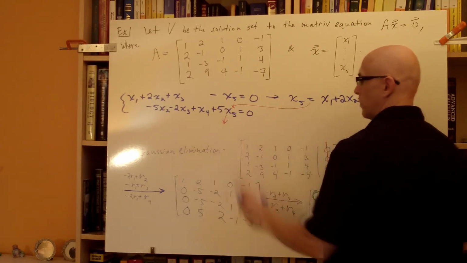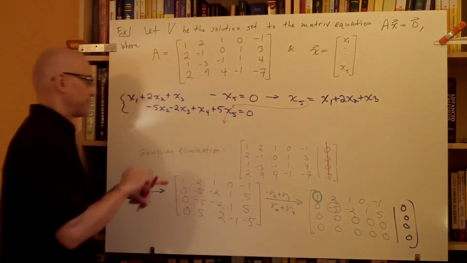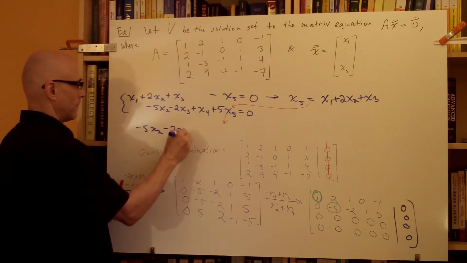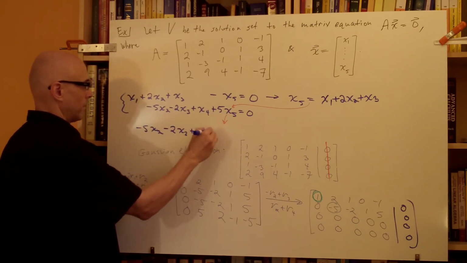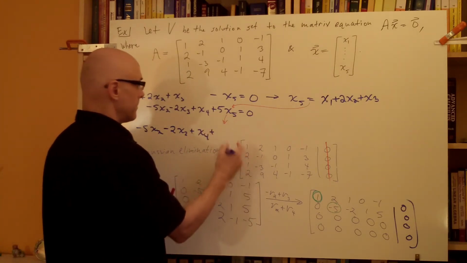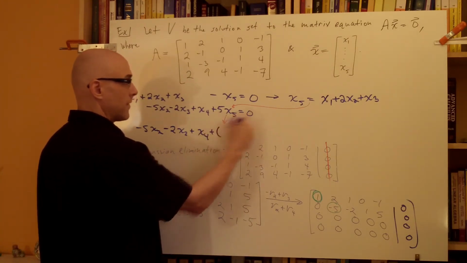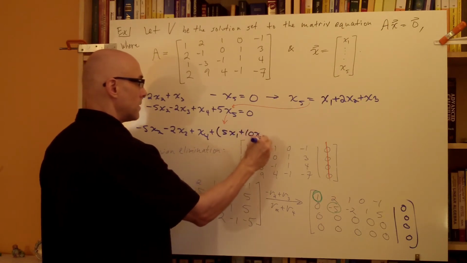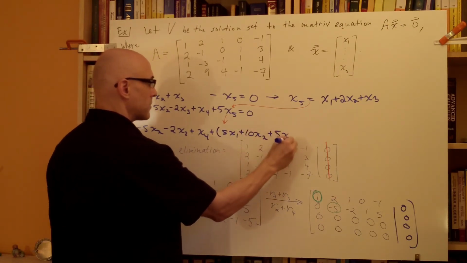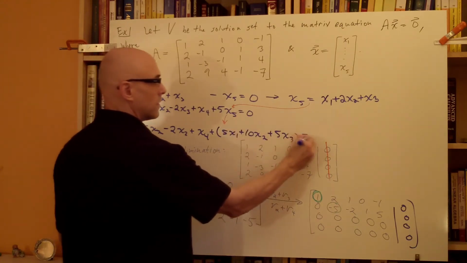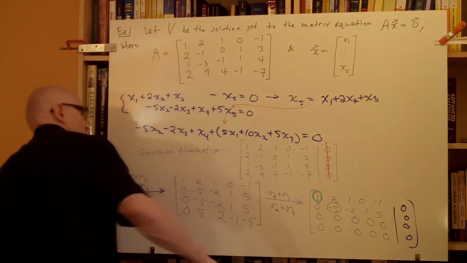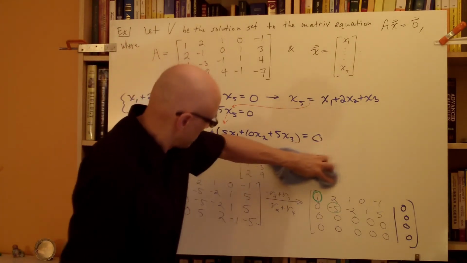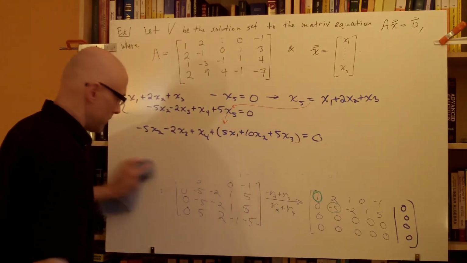And then we get something new and wonderful for that equation. So 5x5 is 5x1 plus 10x2 plus 5x3. We really need none of this work down here anymore.